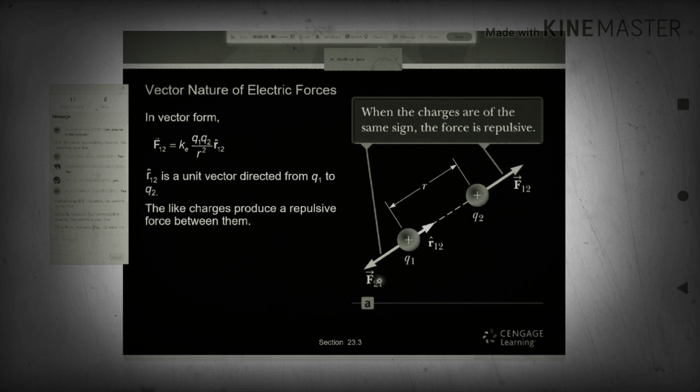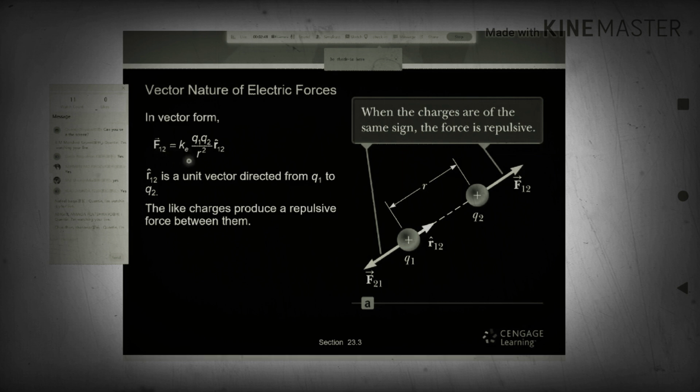And this force is from Q2 on Q1. So we have a different subscript, which represents a different meaning. Let me write this F12.